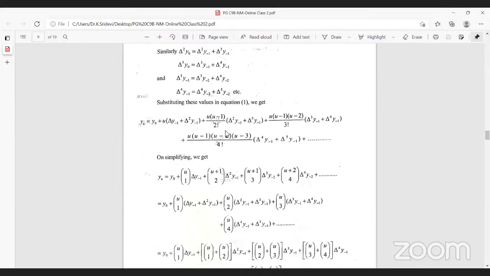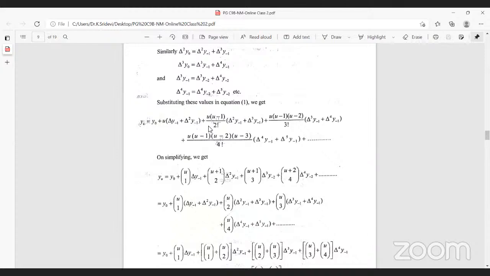After getting this one, we are going to simplify this one. As we have discussed in the earlier derivation, we can follow the same procedure here. So first term is y naught, and see this expression. And u can be written as uC1. uC1 is nothing but u. And this expression is same.